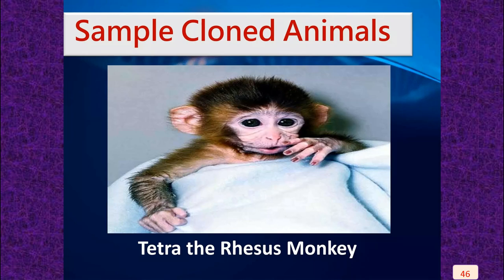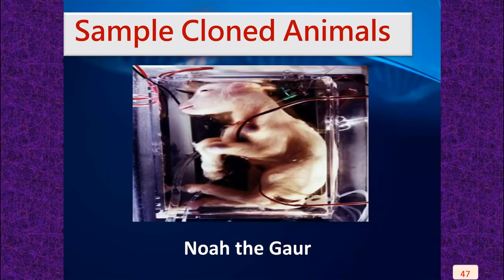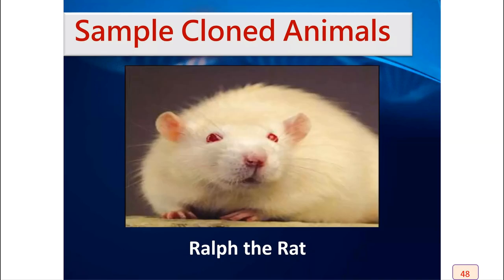Usually the cloning is done with the monkey, rhesus monkey or Macaca mulatta. Then it can also be conducted in other animals to get better production and reproductive performance. So Ralph is the rat.